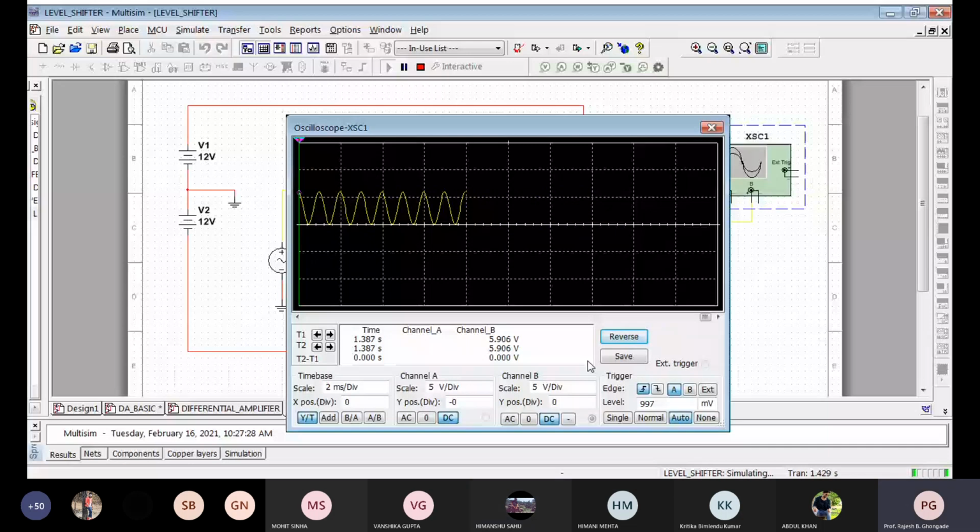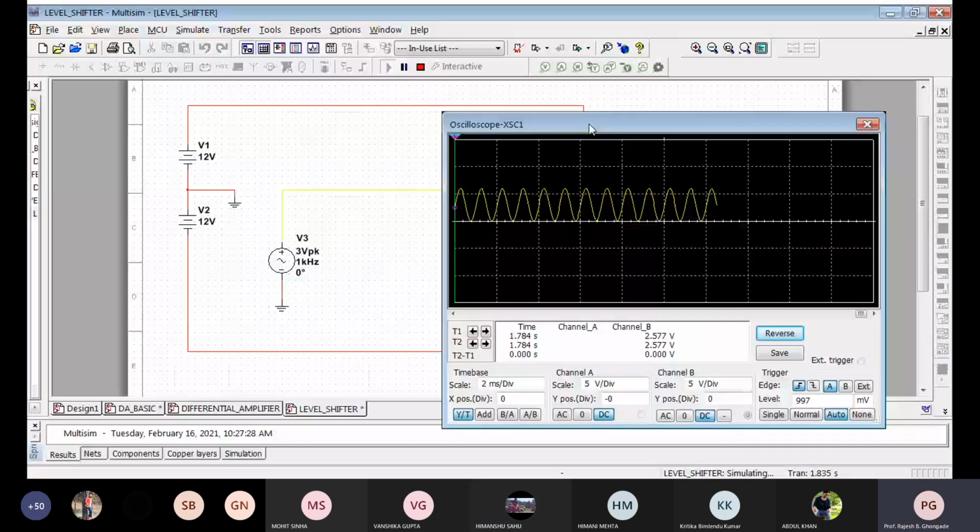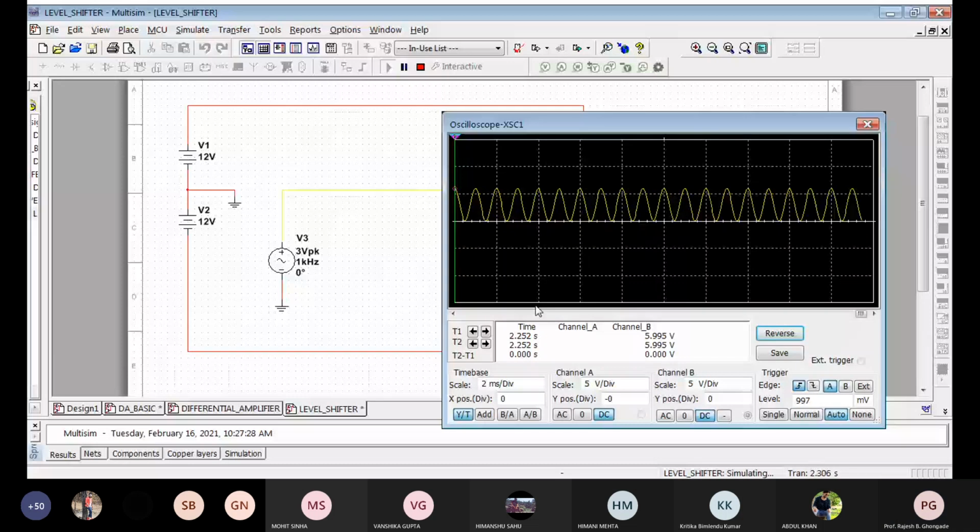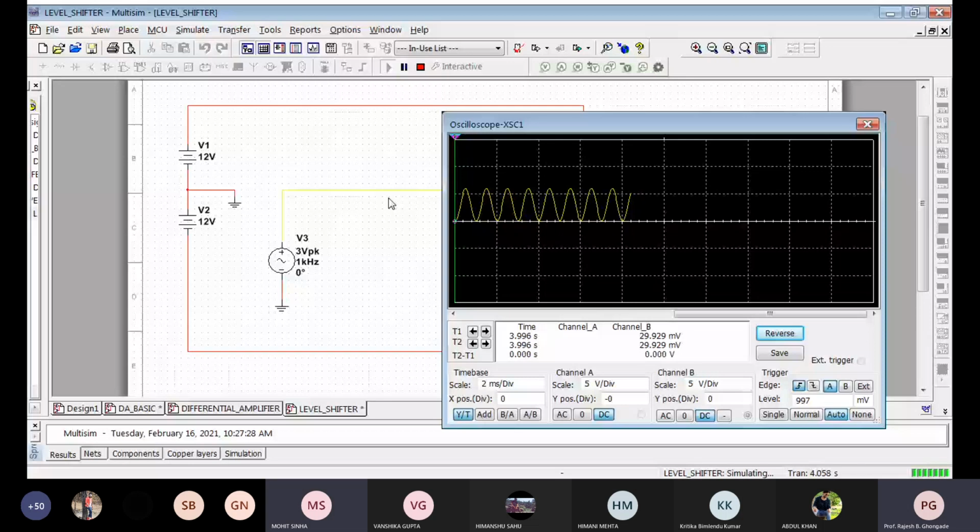Yes, sir. So my input signal is actually a sine wave which is riding on top of a 3 volt DC signal. All right? Yes, sir. And our intention is to remove that DC. Clear?